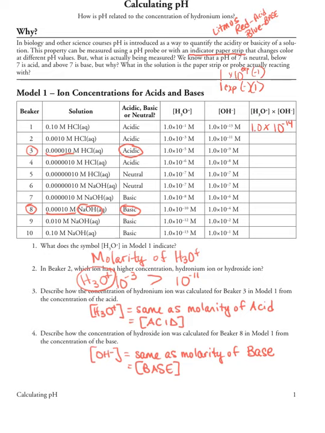Next one, 1 times 10 to the -3rd times 1 times 10 to the -11th. And I get 1.0 times 10 to the -14th. I'm going to do it again, 1 times 10 to the -5th times 1 times 10 to the -9th. And guess what? So you can probably see a pattern. And in math, when you have a pattern, a lot of times we call that a constant.